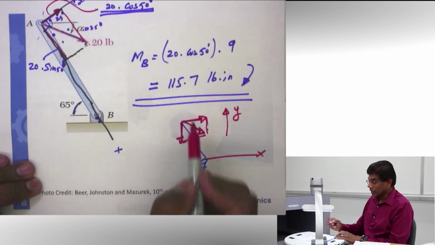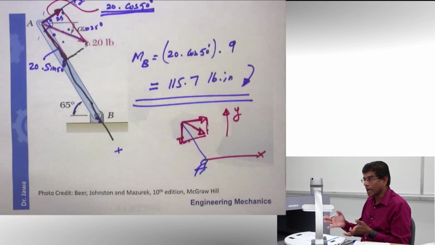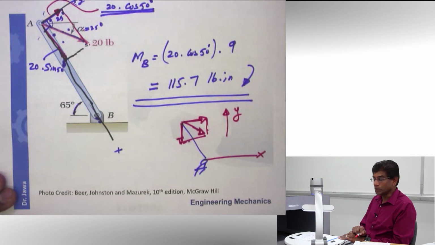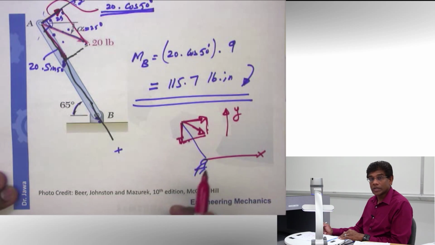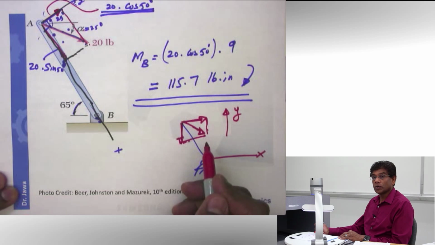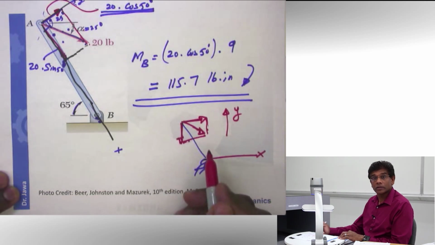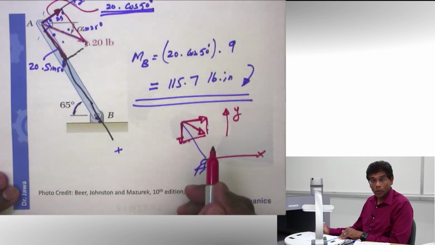You can do that, in which case you will have two components of the force, and you have to sum them up and calculate. I'm not doing that because this is an easier way, but if you decide to do it this way, be my guest, you should still get the same answer. I would highly recommend you finish this problem by doing it this way, the third way, and make sure you understand how to calculate moments.